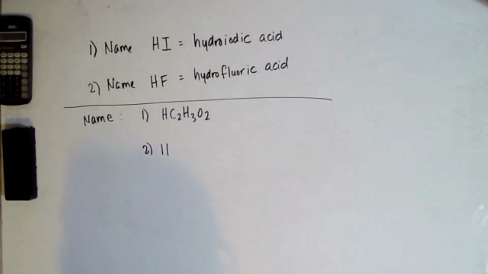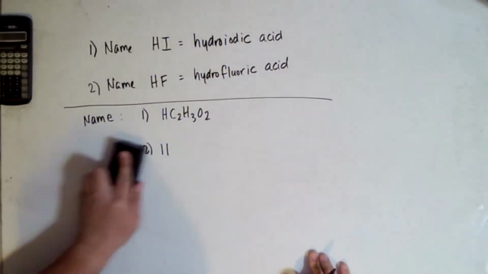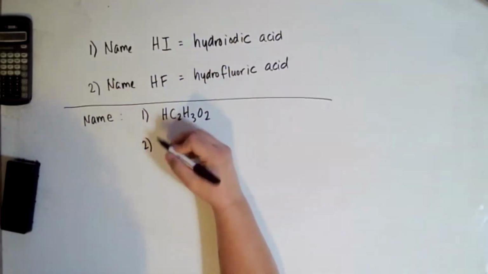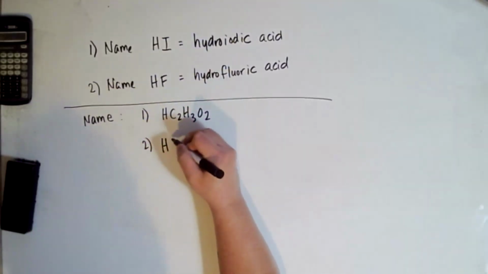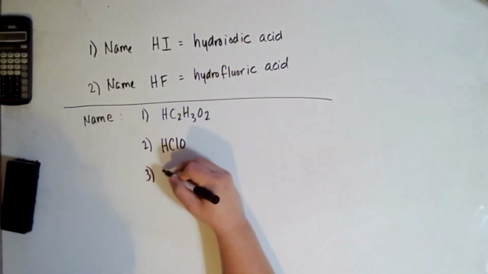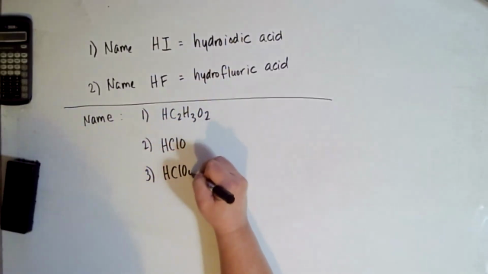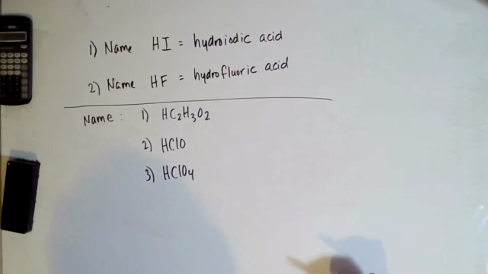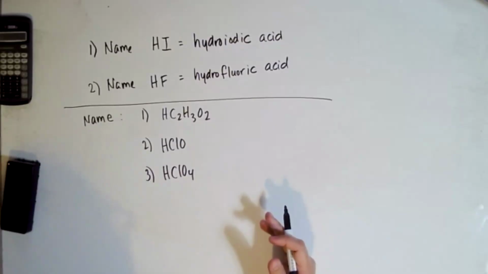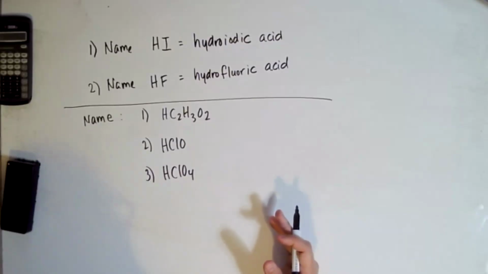We did HNO2 and HNO3 already. I'm just going to change up the examples a little bit. Let's do HClO and HClO4. Okay. And again, I would recommend trying to do these on your own.